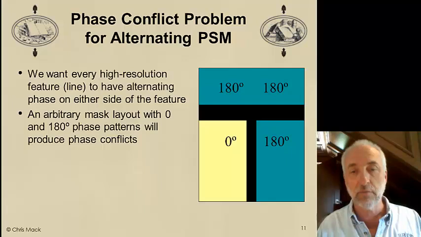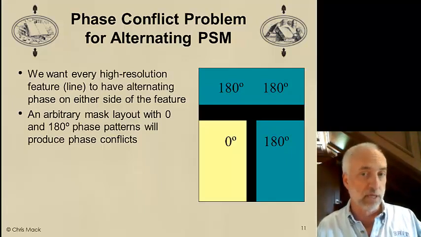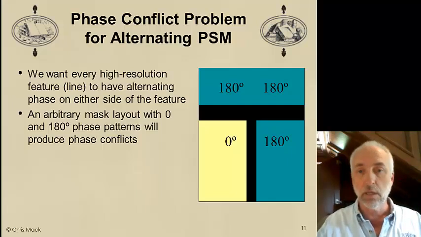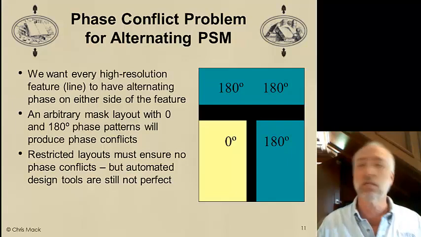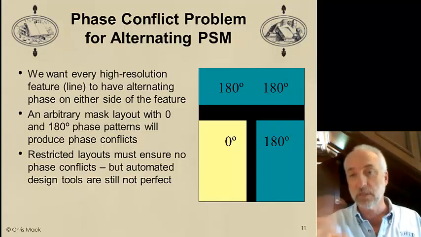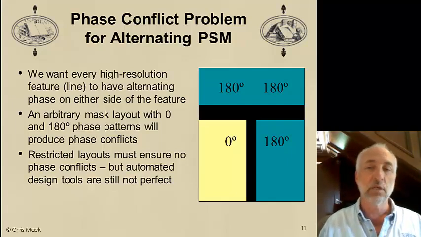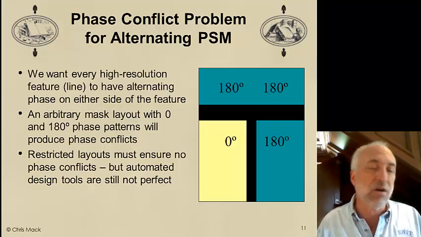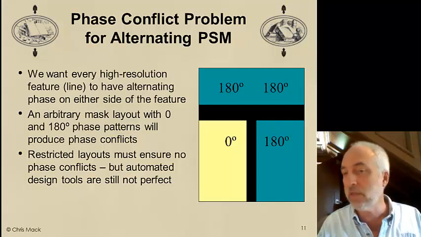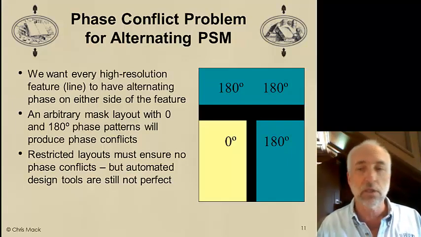With arbitrary layouts, I will run into these kinds of phase conflicts, probably quite frequently. So we have to have restrictions that say you cannot have a simple T pattern like this, for example, because there's an odd number of phase regions. But it's very hard to lay out our chips the way we want them to be and avoid all of these phase conflicts.